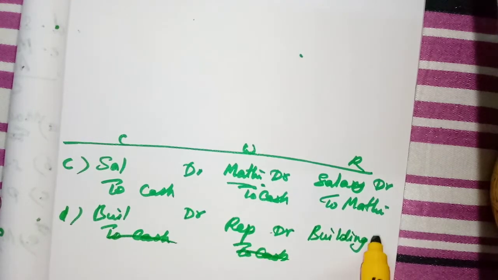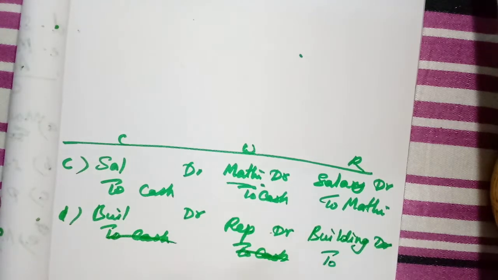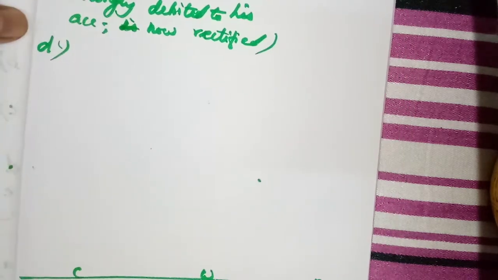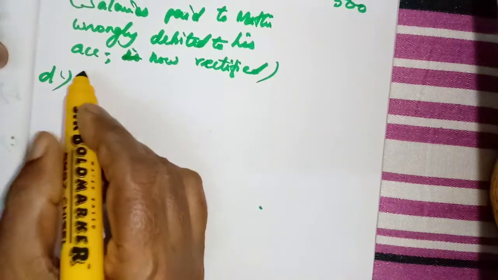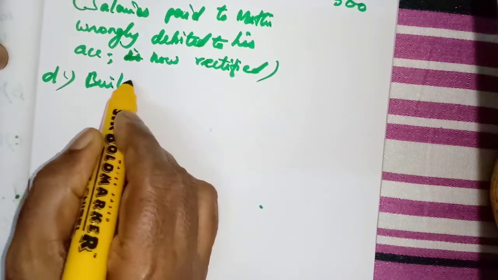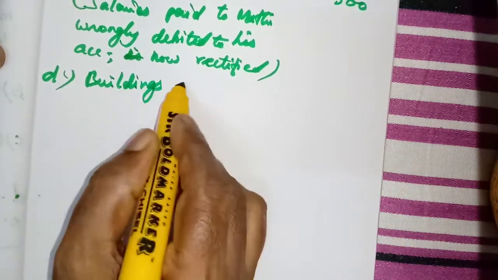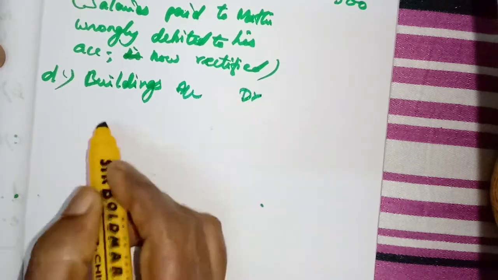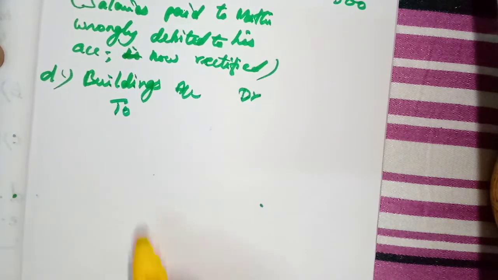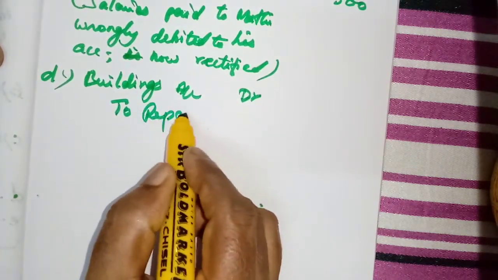That is the correct debit. So building account debtor to, no need to write two times. Which one should be debited? Buildings account debtor to repairs account, that is the wrong debit.